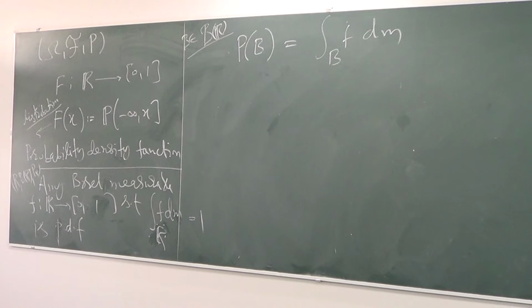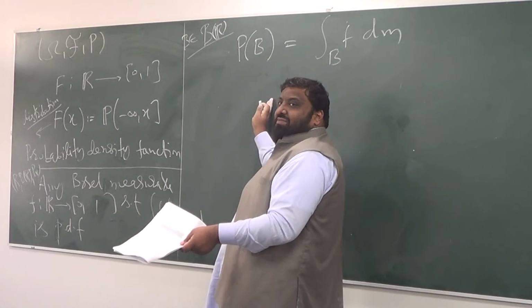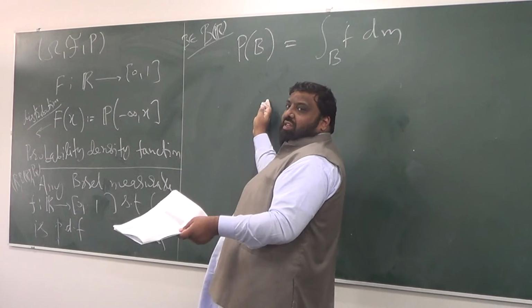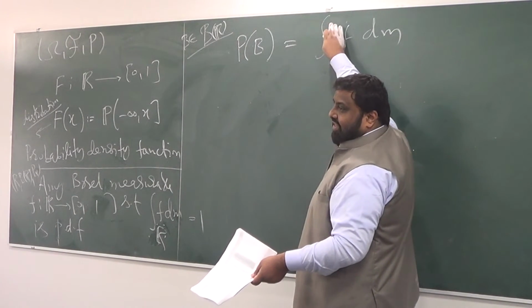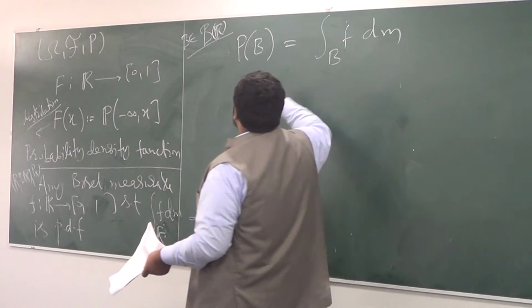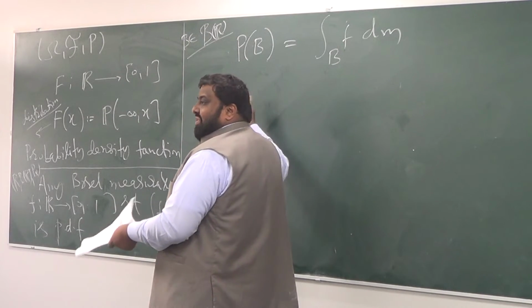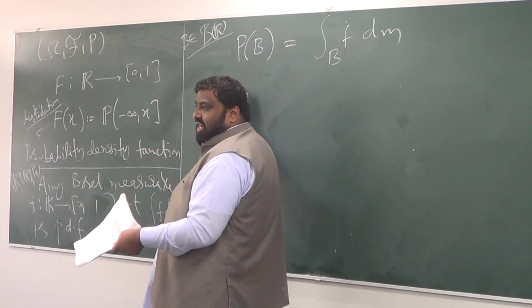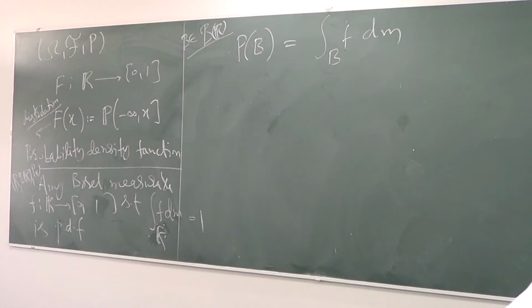If f is a nice function and the set is an interval, usually we define the probability that a random variable lies between a and b by integrating from a to b. If f has a set of discontinuities of measure 0, you recover what you had previously. This generalizes it.